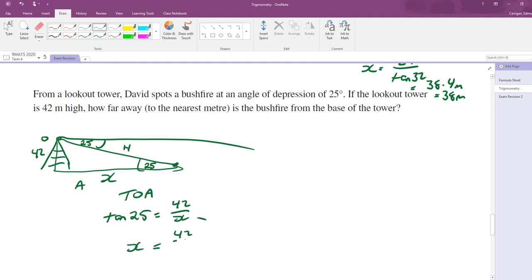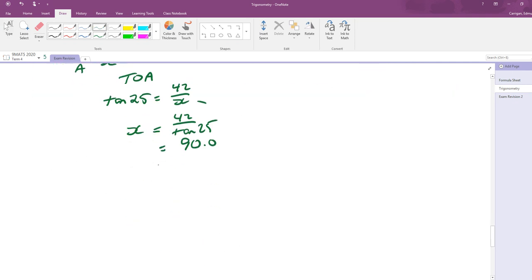X equals 42 on tan 25, which is 42 divided by tan 25, equal to 90.0. Again, it's asked me for the nearest metre, so I'm going to put 90 metres.